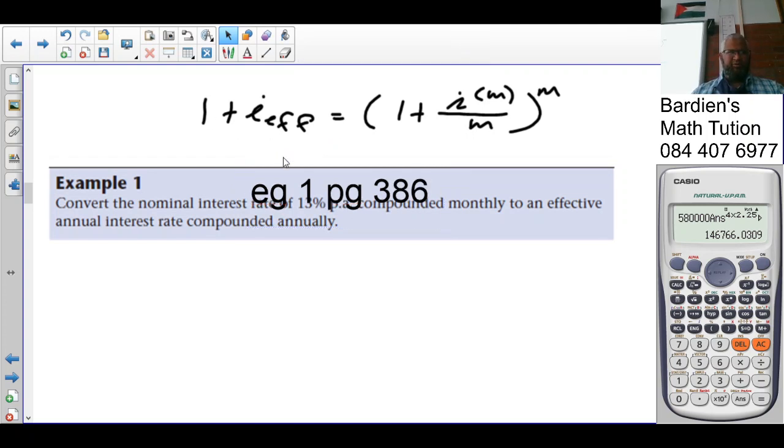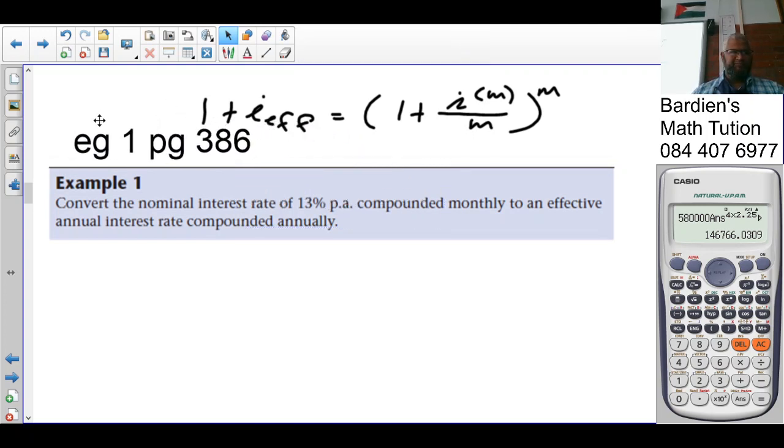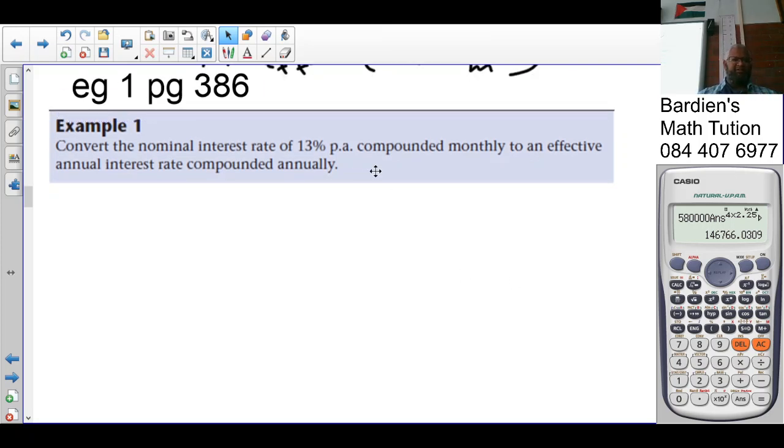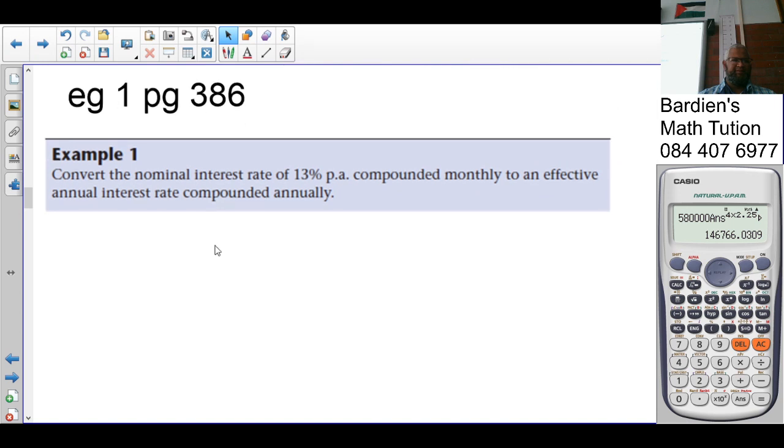Okay, so this example 1 on page 386. We are told to convert a nominal interest rate of 13% per annum compounded monthly to an effective interest rate compounded annually.